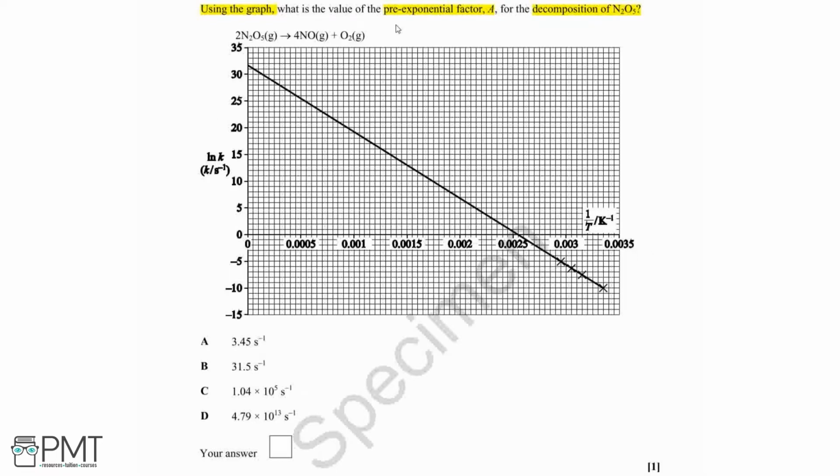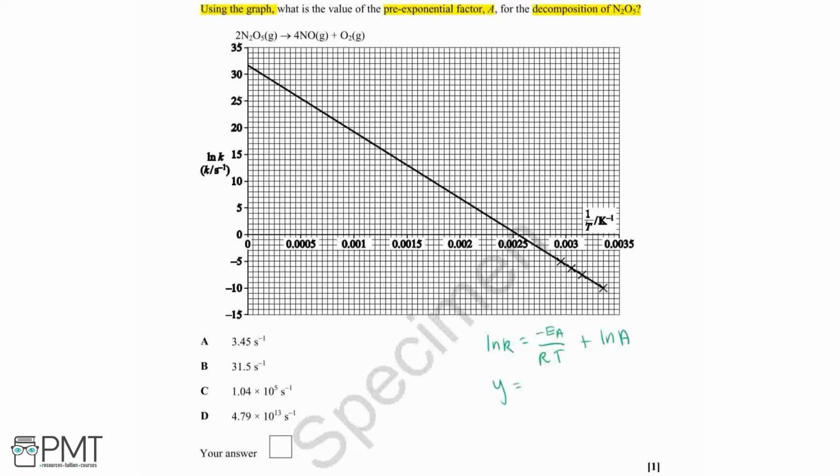And with these values, and noting that we need to work out the pre-exponential factor, we know that this is going to be a graph of the Arrhenius equation in linear form, which is in your data sheet, and the equation is ln K equals negative activation energy divided by the gas constant R and the temperature plus ln A.